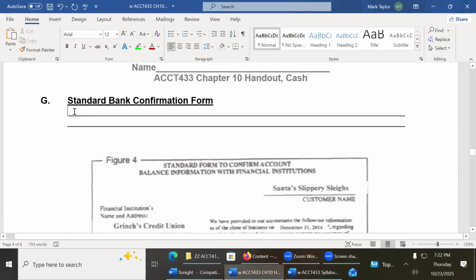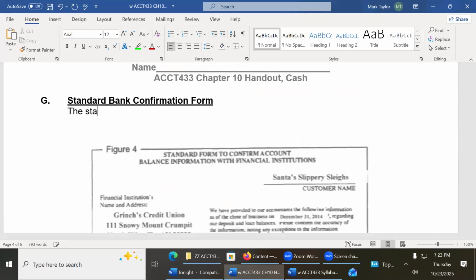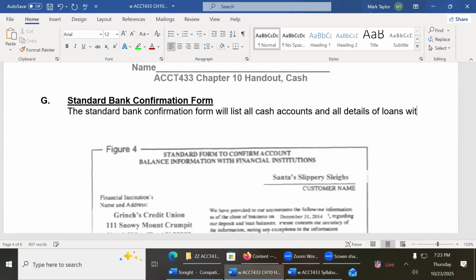A standard bank confirmation form, so confirmations, will list all cash accounts, and all details of loans with the bank.